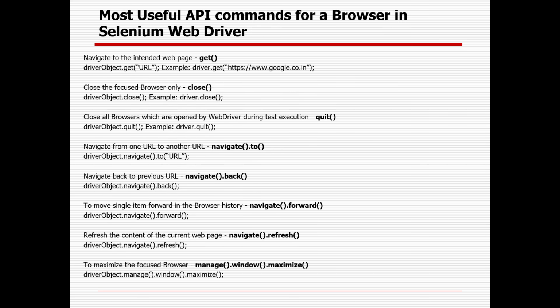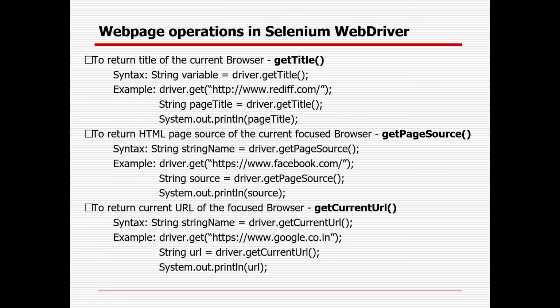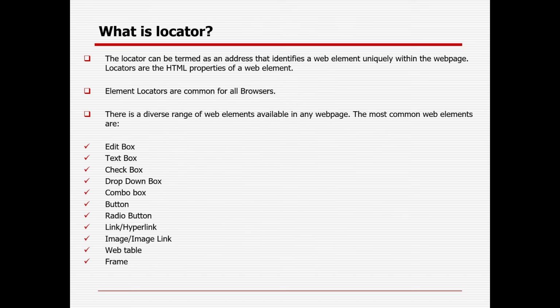Then you can call different API commands to open a browser, maximize it, navigate from one page to another, go back or forward, refresh the page, and close the browser. You can get the page title, get the current URL, and do WebDriver operations with the help of that.